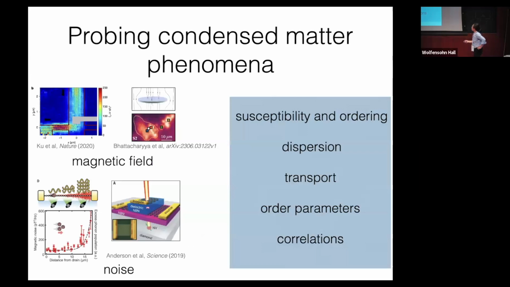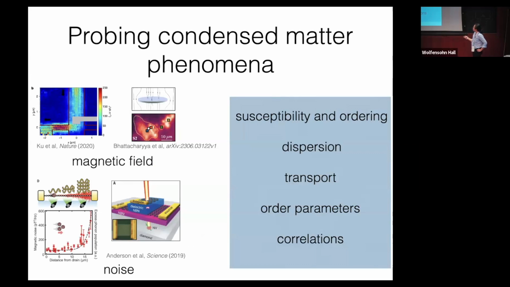So the way that most of the field thinks about how you probe condensed matter phenomena are really just these two modes that I told you about. One is you just measure the magnetic field, right? So you can do a static measurement, and for example, you can run current in a device. This is some nanofabricated sheet of graphene.